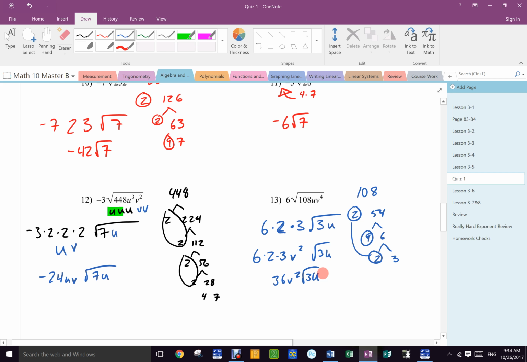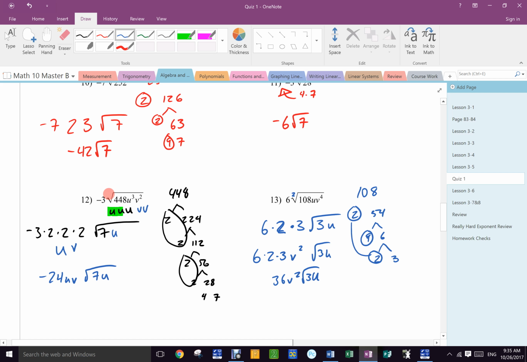Everybody cool? Now notice there is a bit of a shortcut here. What little number should be right there? 2. I took out a V squared, right? I had V4. Do 4, 2, and 2 share a relationship? 2 times 2 is 4, and 4 divided by 2 is 2, right?